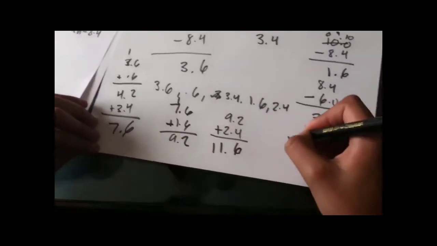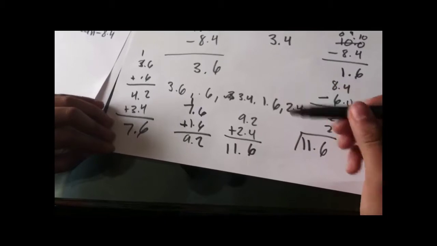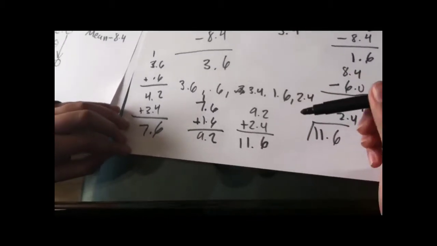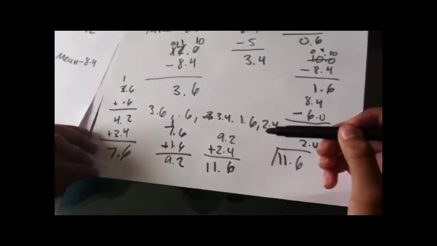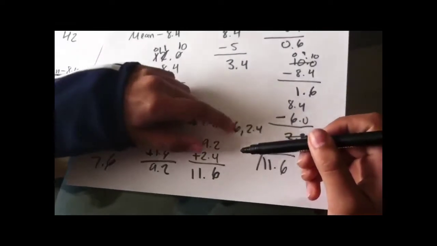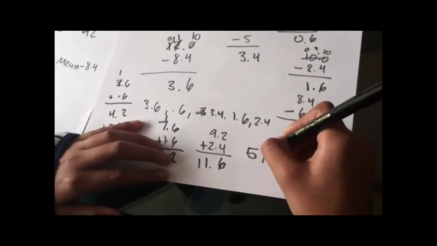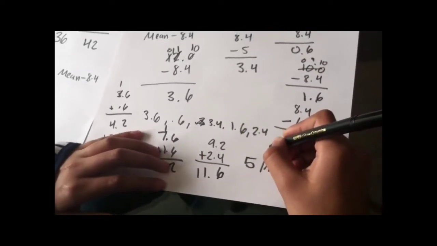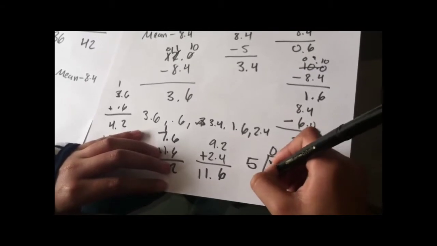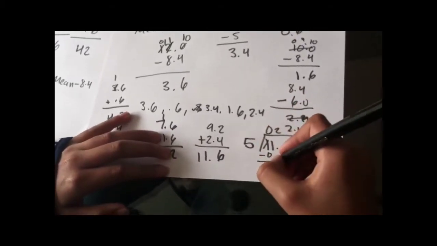So again, we're going to divide 11.6 divided by 1, 2, 3, 4, 5. And so 5 goes into 11 twice.